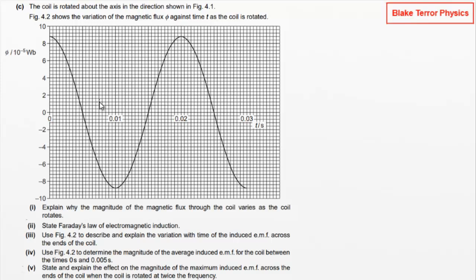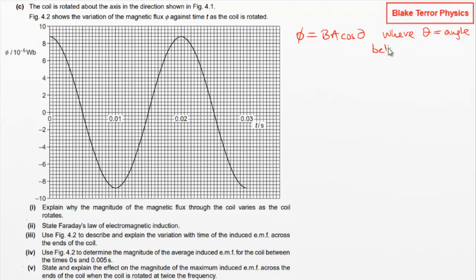Part C, coil is now rotated about the axis, and there's the variation of flux against time. Explain why the magnitude of the magnetic flux through the coil varies as the coil rotates. Right, so let's go to our flux equation, BA cos theta, where theta is equal to the angle between the coil and the magnetic field.